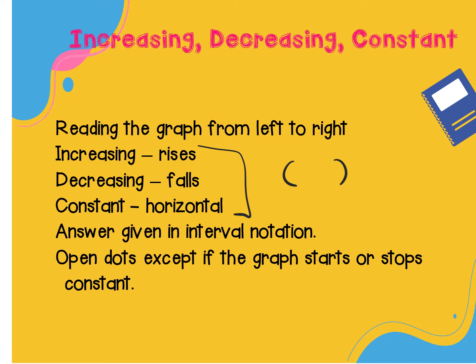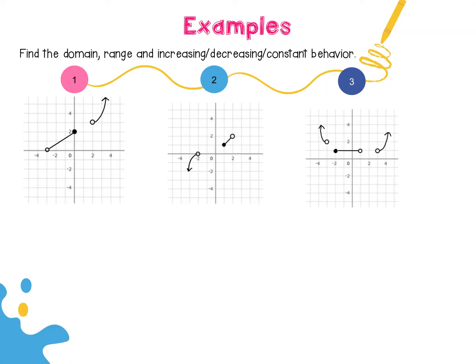If your graph does not have one of these three things, whether it doesn't increase or decrease or doesn't have a constant section, then you're going to type in the three letters DNE on WebAssign, which stands for does not exist. These three things, increasing, decreasing, constant, they all come from the domain. They're all x values.